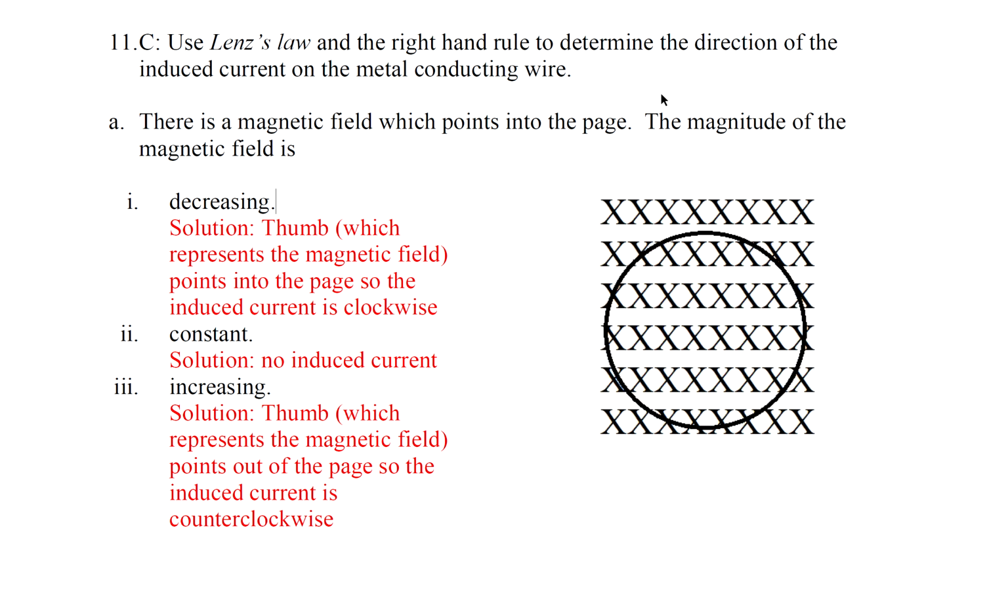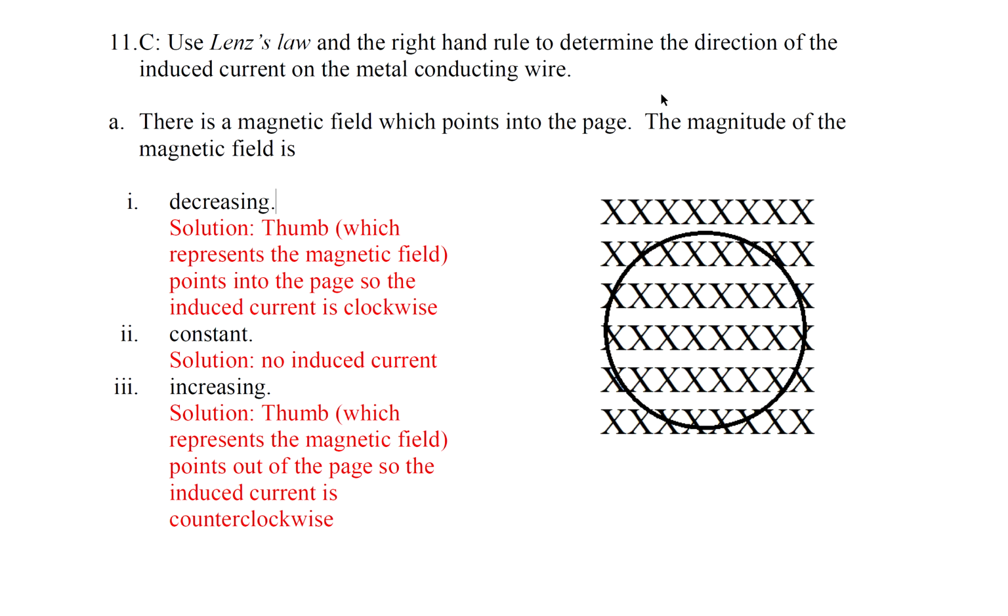Part C. The magnetic field is increasing. So with these lines going into the page, imagine now there are more lines going into the page, going through this closed loop. We don't want to change what we're doing. So we put the thumb of our right hand out of the page.